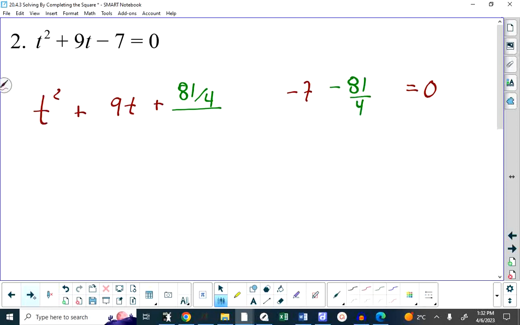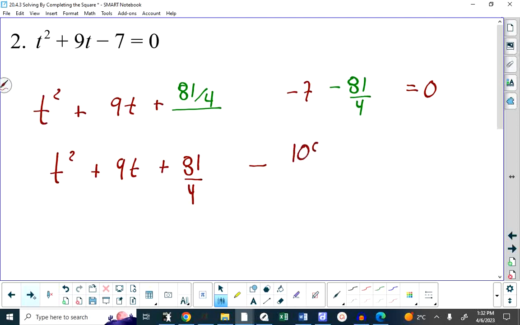Let's clean it up. t squared plus 9t plus 81 quarters minus, I don't care how you work this out. Use your calculator if you like. I believe it's 109 over 4 minus 109 over 4. But I would like a couple of you to confirm my suspicions. I'm starting to see some nods.